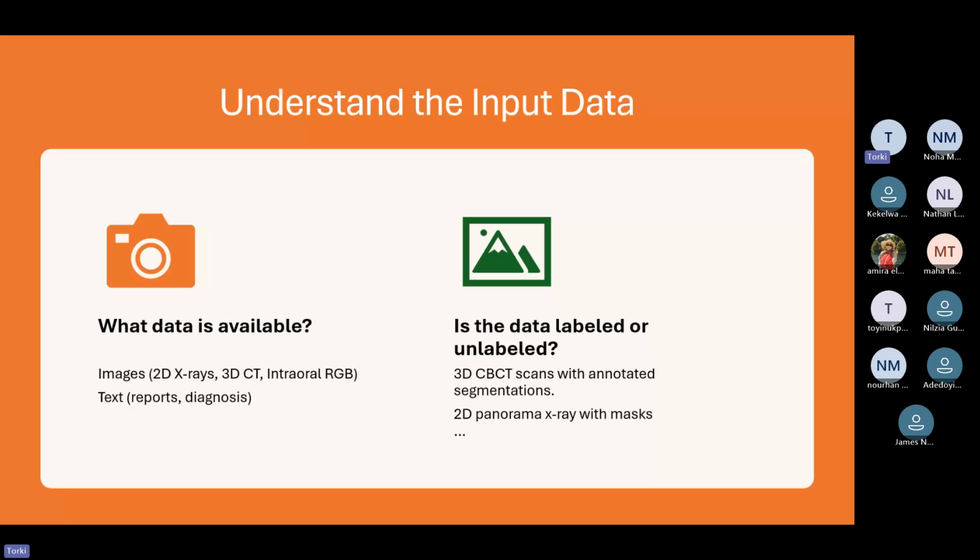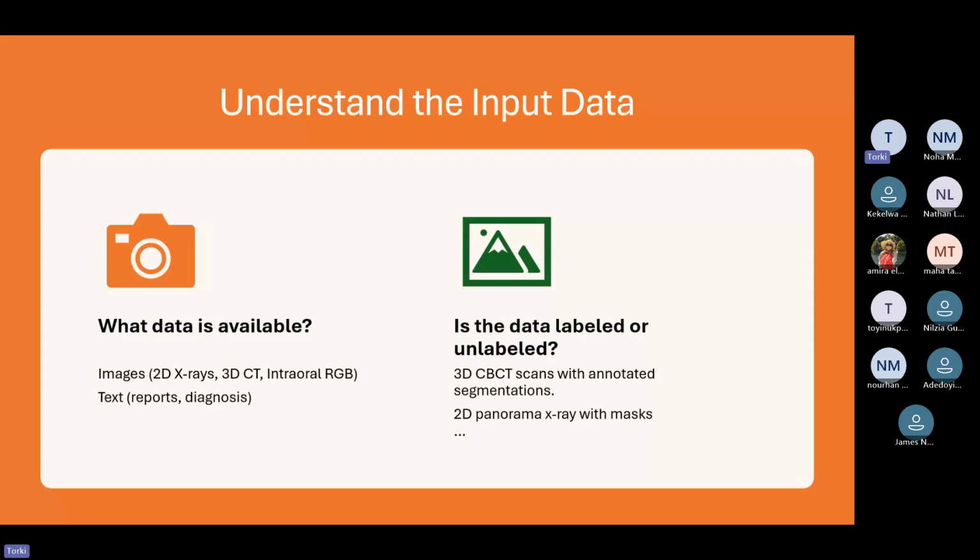In order to work on your problem, you have to understand what kind of data you're working with: 2D X-rays, 3D CBCTs, intraoral RGBs. Maybe you have additional modalities. You might be working on many modalities, not just one.